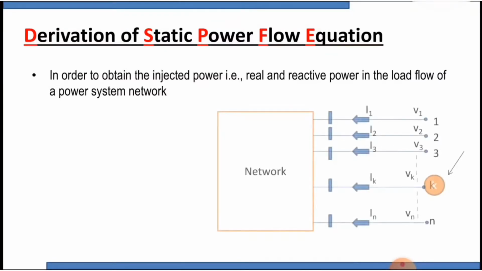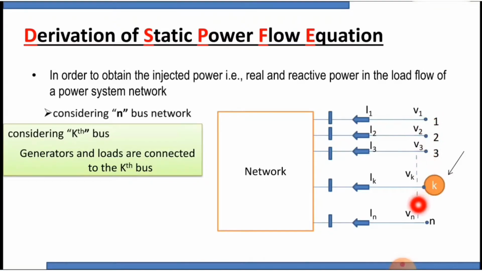In order to obtain the static load flow equation, I am considering an n bus network. The buses, n number of buses, I am considering: bus number 1, bus number 2, bus number 3 and going on to the nth bus. In between 3 and n I am considering one more bus, let it be the kth bus.